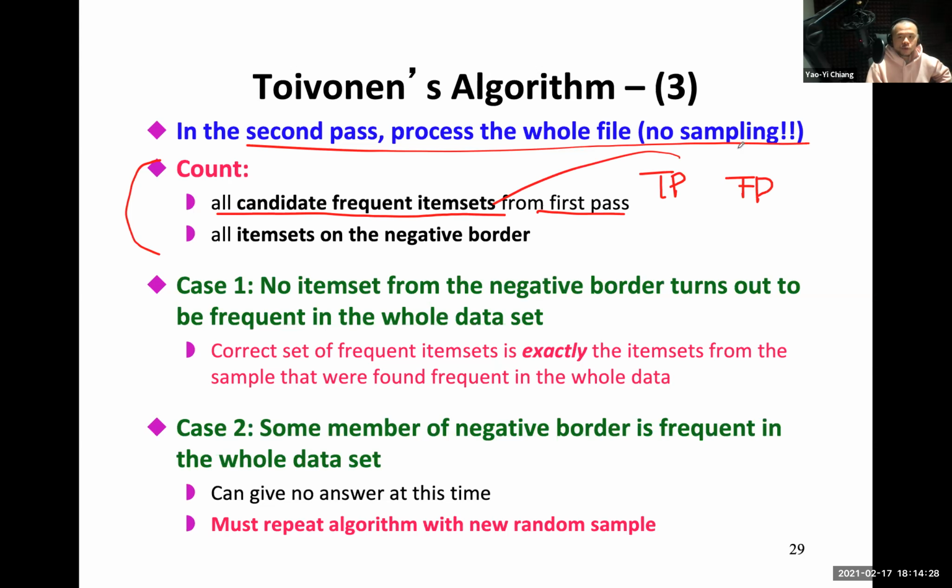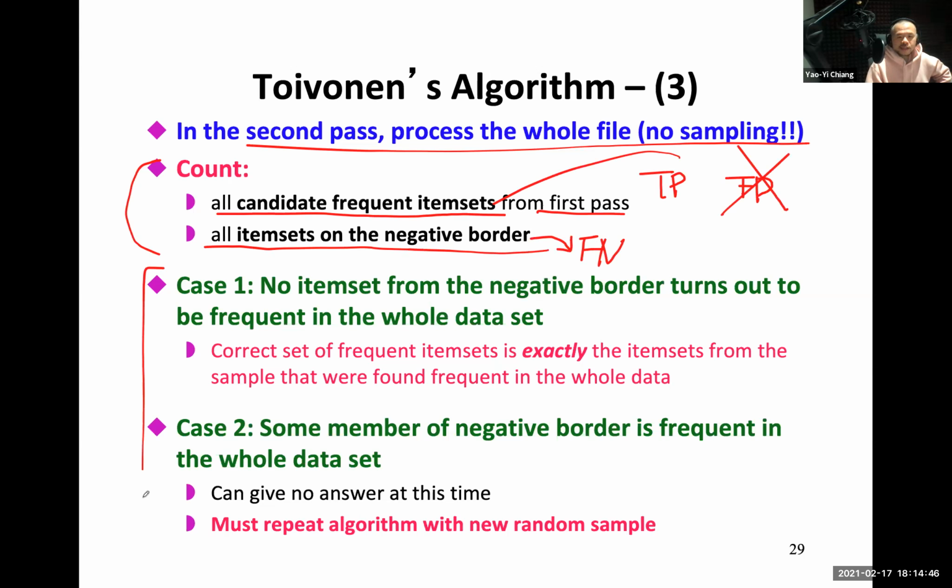So by counting them, we are able to remove these. And we want to count all item sets on the negative border. This serves as an indicator of false negatives.